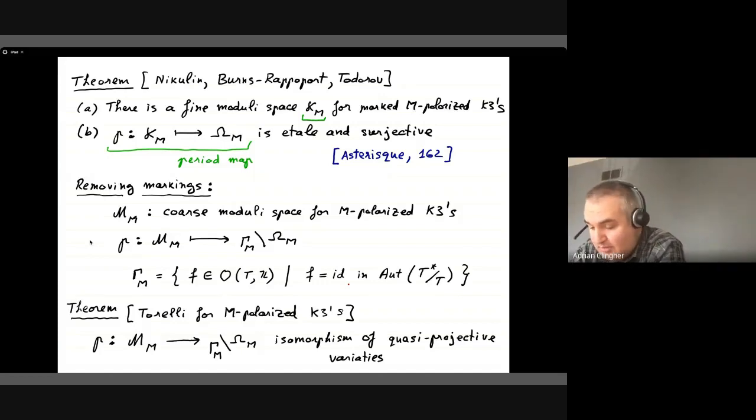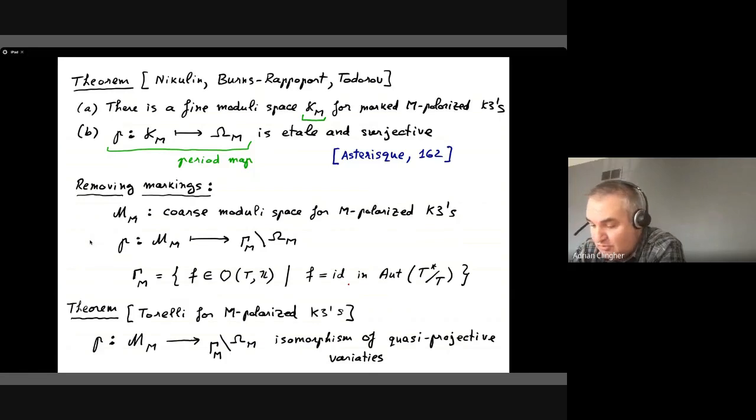But what is important from our point of view here is that if I consider the period map that attaches to a marked M-polarized K3 surface its period in the M-polarized period domain Omega_M, then this map is going to be fairly nice. It's going to be étale and surjective.